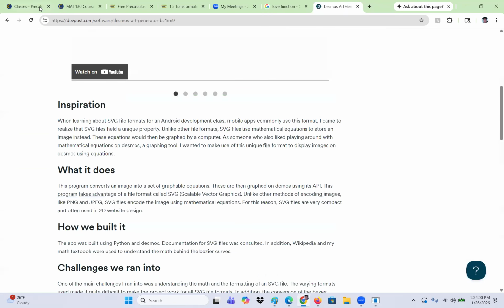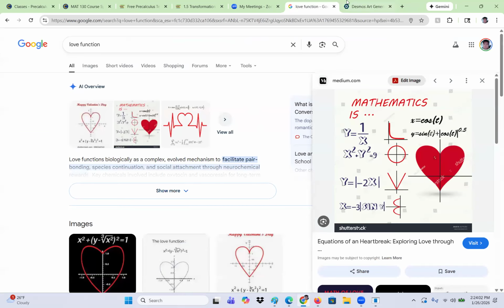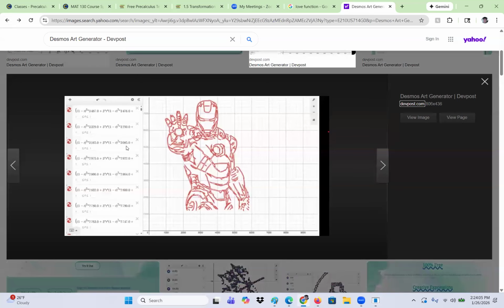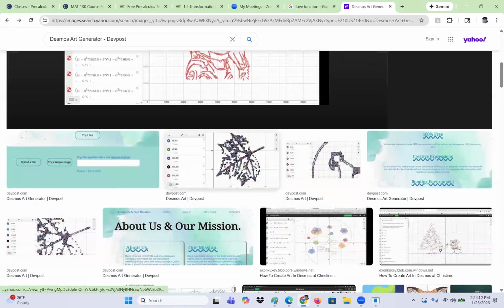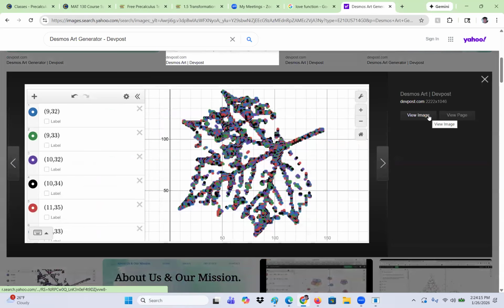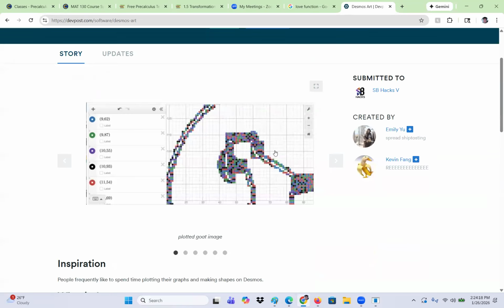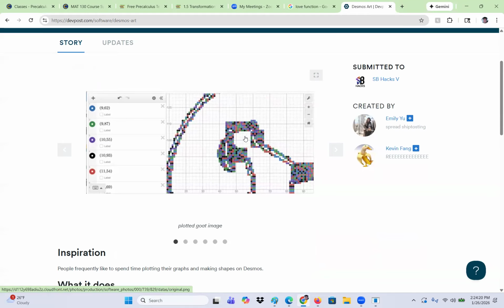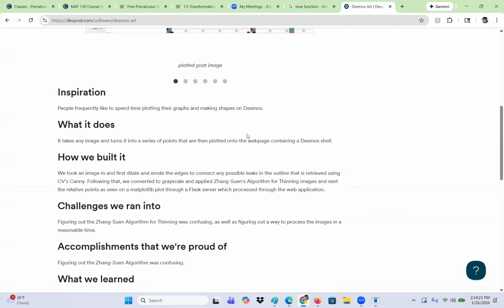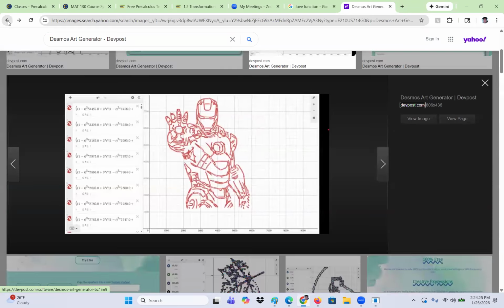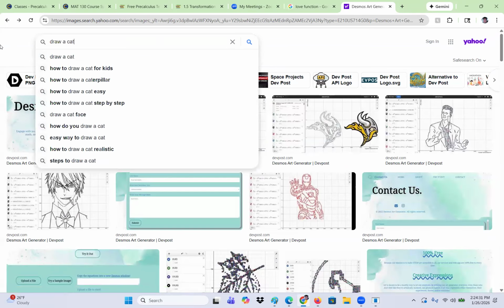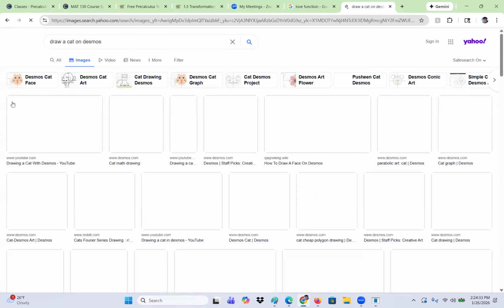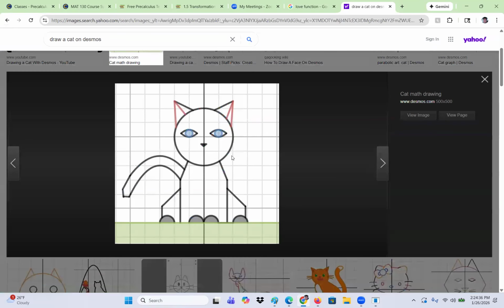Yeah, we can generate almost anything. You can even draw trees. This is what we have for Desmos art, so we can build it. There are a lot of things you can do. For example, I want to draw this.